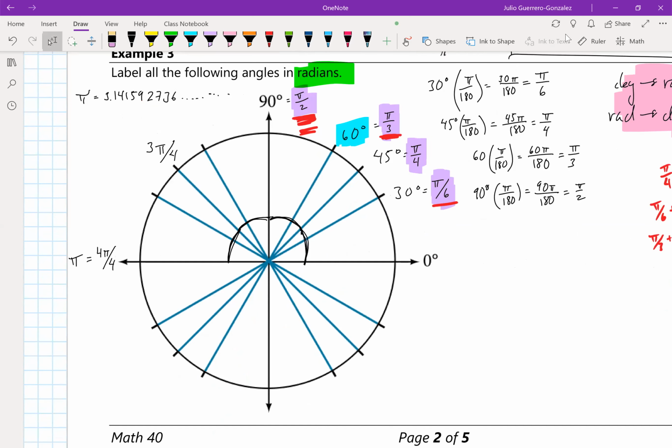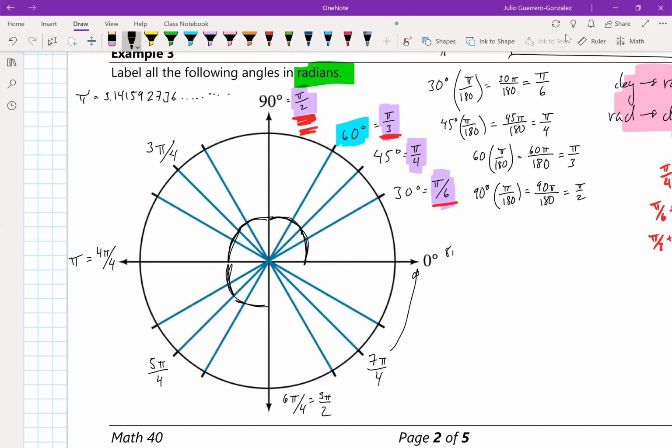Okay, and we now keep going. So from here to here, 5 pi over 4, 6 pi over 4, which reduces to 3 pi over 2, right? 7 pi over 4, and then we take our last lap around.